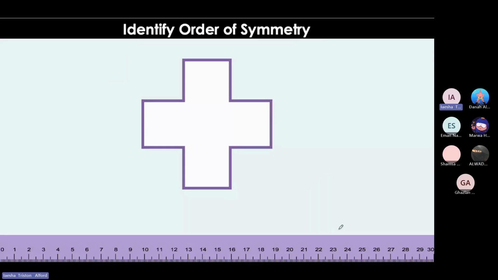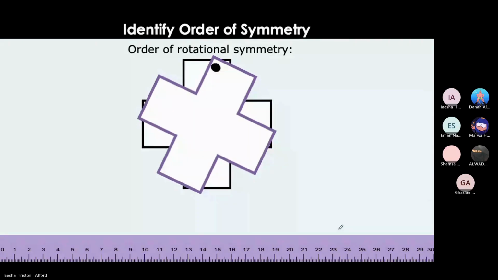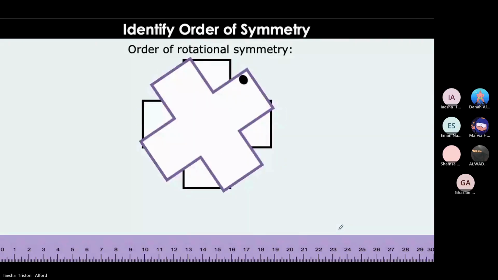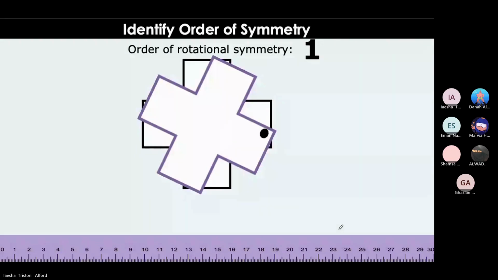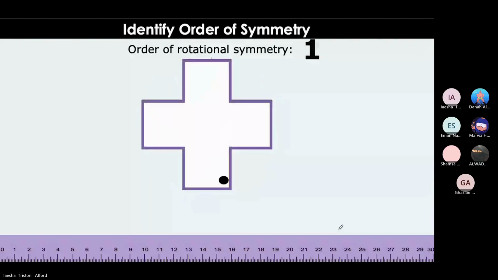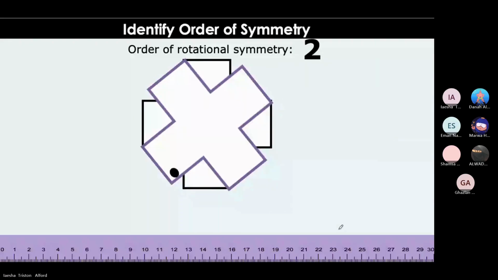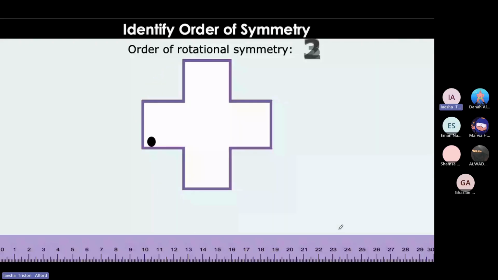This one, what do you think is the order? 4. Let's see. Watch the dot. That is 1 turn. That is 2 turns. This is 3 turns.